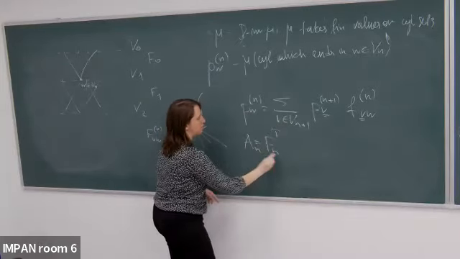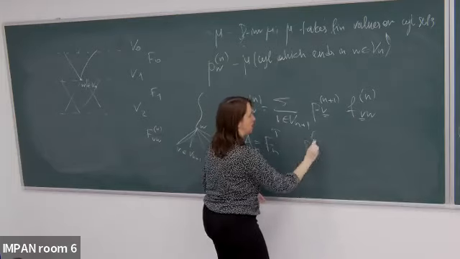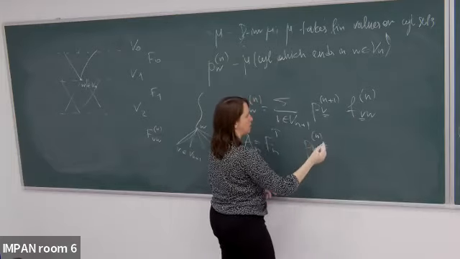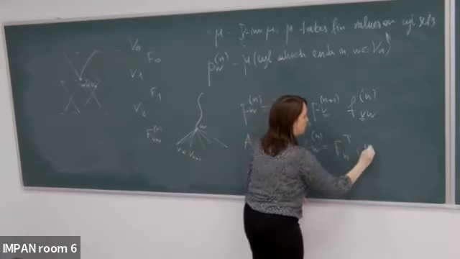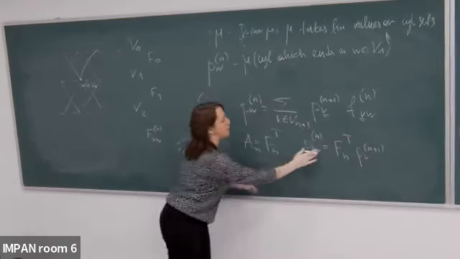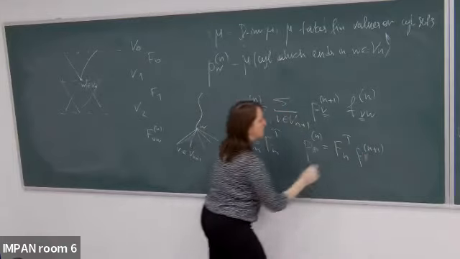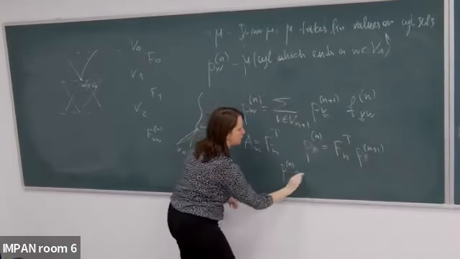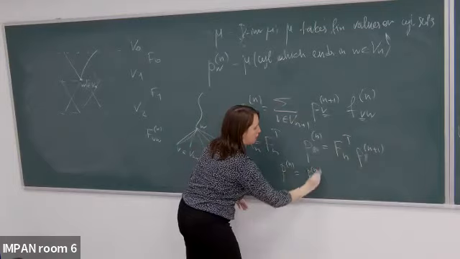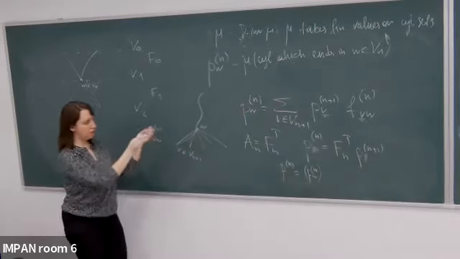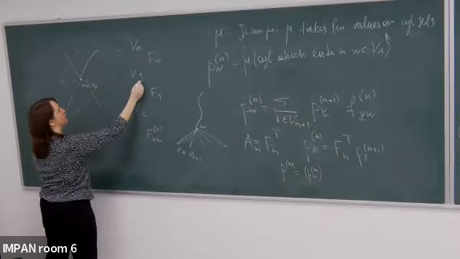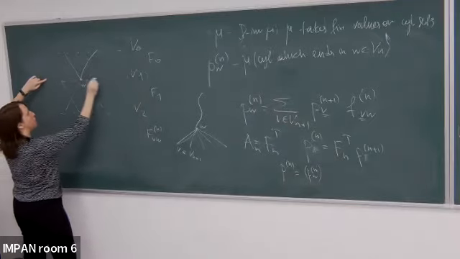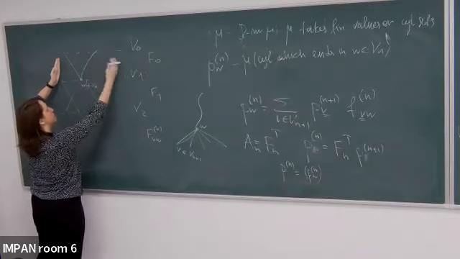So here we see that if we take the transpose of the incidence matrix, denoted by A, then we can write this in matrix form. Let's denote by p_n the vector of measures of the cylinders. So we fix some length and consider all the vertices and the measures of cylinders.